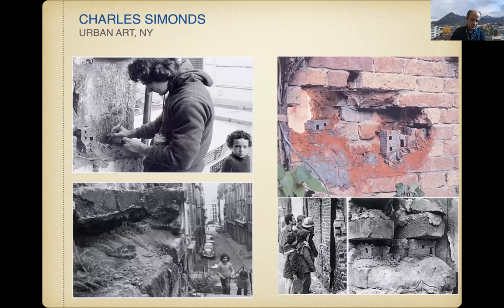There was an artist in the 1960s, 70s, Charles Simonds, who used to make small cities in the suburbs of New York. Wherever something had just fallen, he made miniature creations, which actually were quite delightful. They were kind of surprises, and they brought some joy to the residents of areas which were depressed in another way.